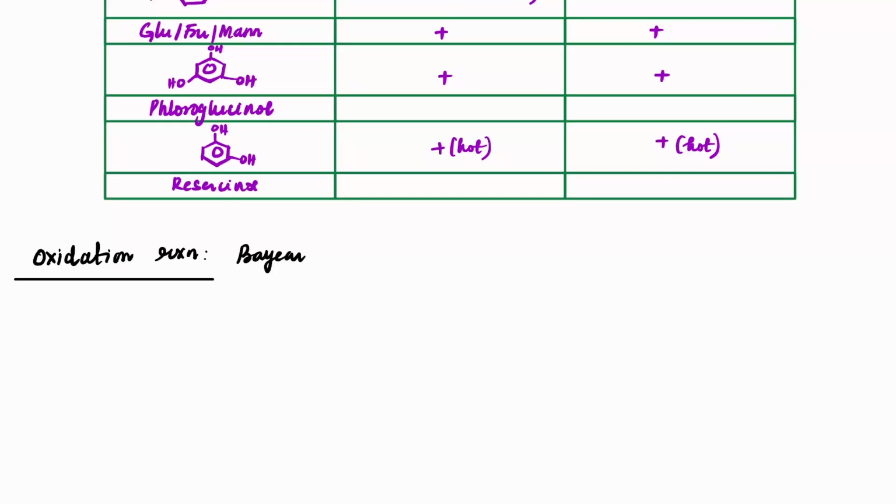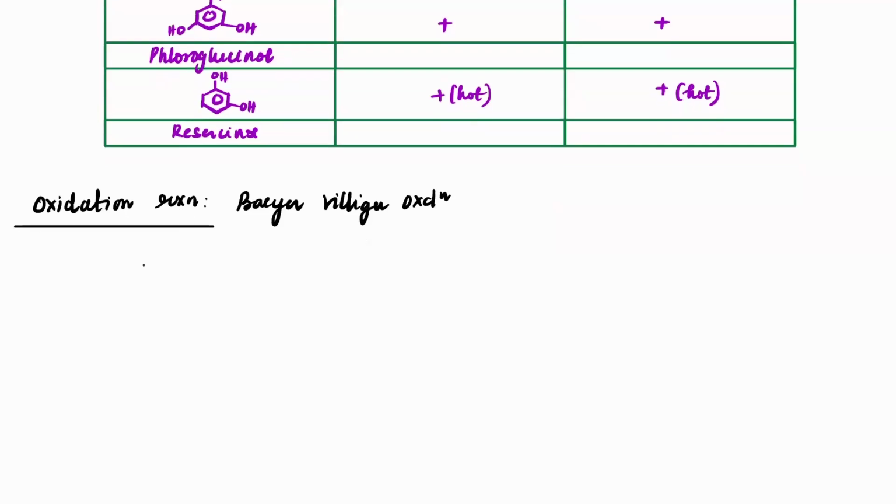Baeyer-Villiger oxidation. So, what is Baeyer-Villiger oxidation? It is about using any aldehydes or ketones.